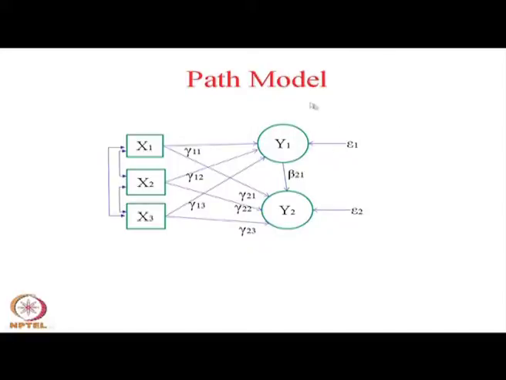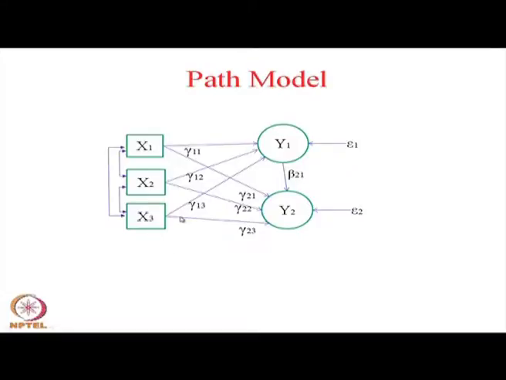But in the path model, you are considering that x1, x2, as well as x2, x3 or x1, x3, can co-vary. And in addition, y2 can be affected by y1 also, in addition to the effect of x1, x2 and x3.